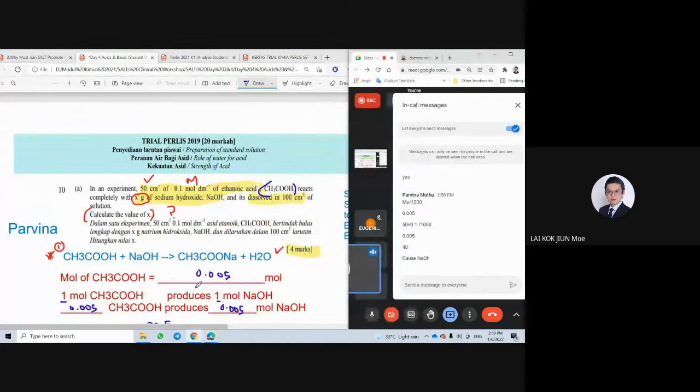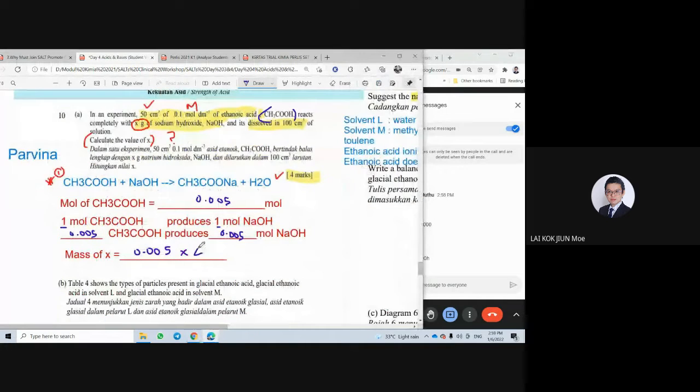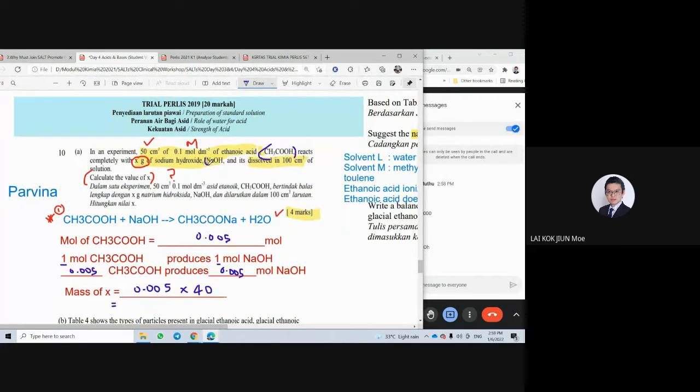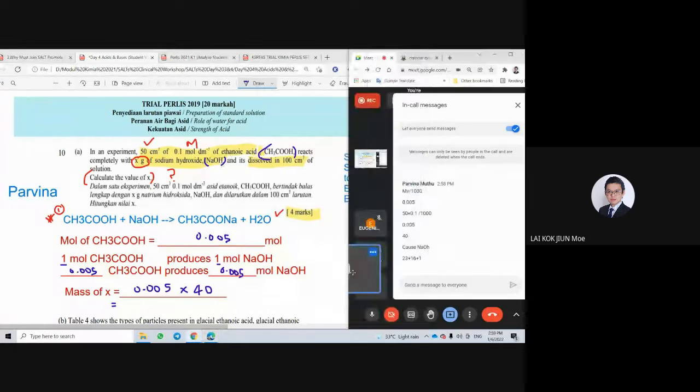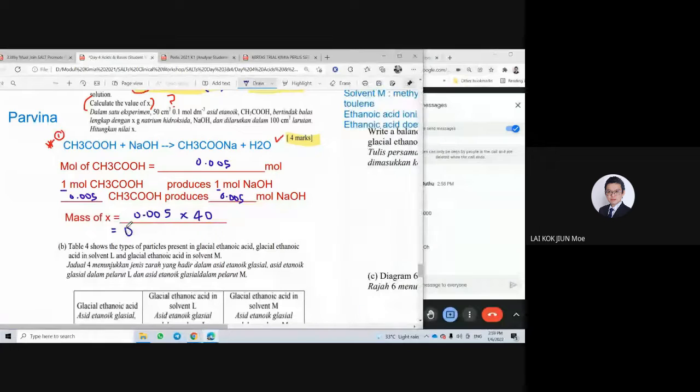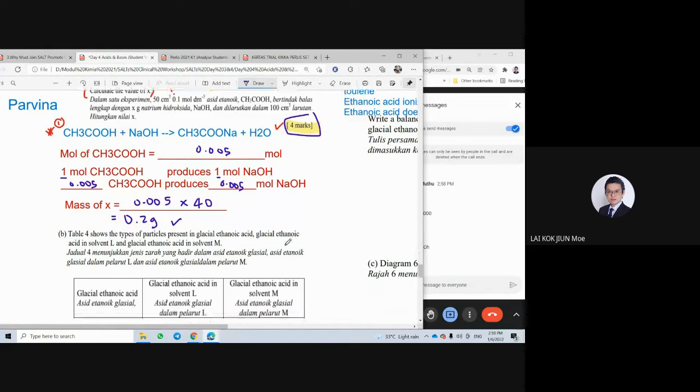Molar mass will be 40. Good. Oh, molar mass is this one, sorry, molar mass of NaOH. Yes. Very good, Pavina, you get 0.2 gram. Well done. So you get all 4 marks here. Well done, Pavina.